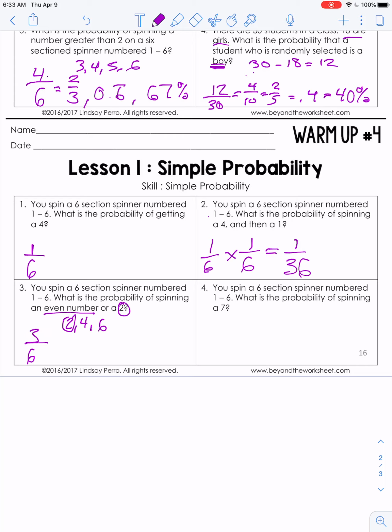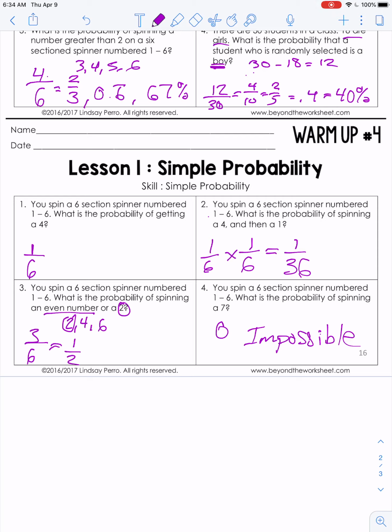So we have 3 outcomes out of 6, or 1/2. And number 4. You spin a 6-section spinner numbered 1 through 6. What is the probability of spinning a 7? Your probability would be 0, or impossible, because there is no 7 on the spinner.